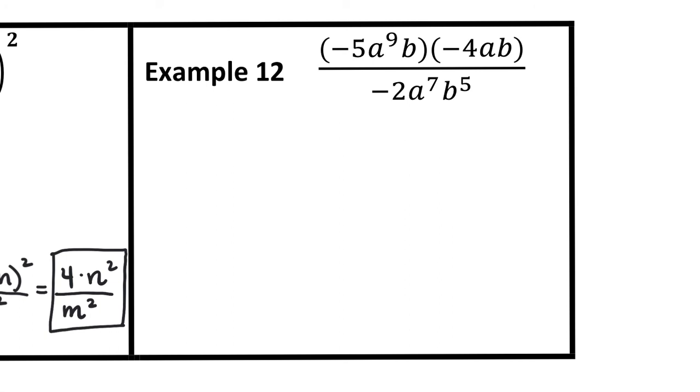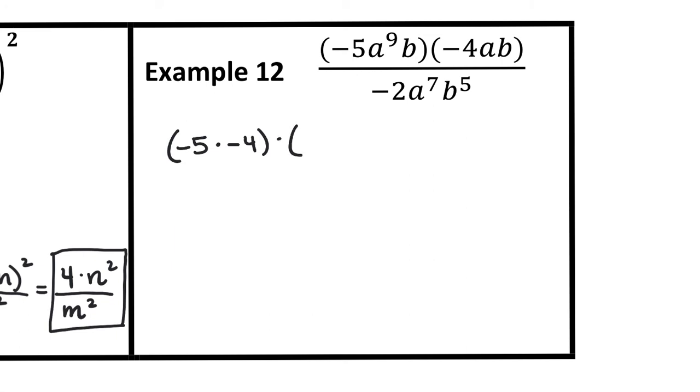So here what we can do, it's totally up to you, but what I would suggest is simplifying the top, multiplying the top together, and then dividing the bottom afterwards. So if I multiply the top, I'm going to end up multiplying negative 5 times negative 4.